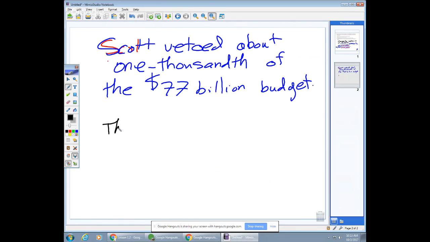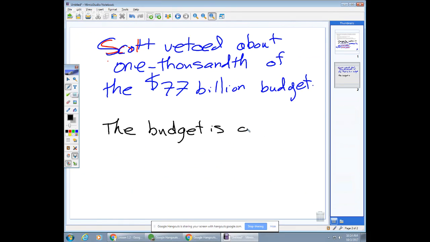So let's see, the budget is 1,000 times, oops, supposed to use words, not digits, darn it. Those digits are so much more convenient, don't you guys agree?